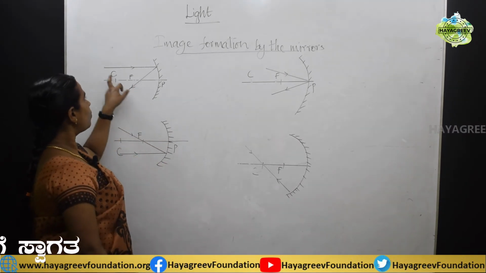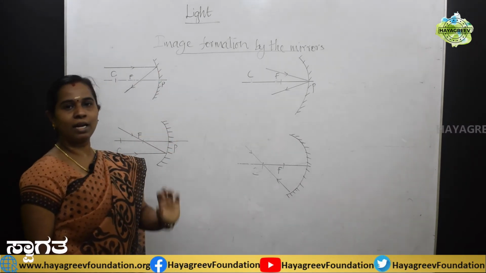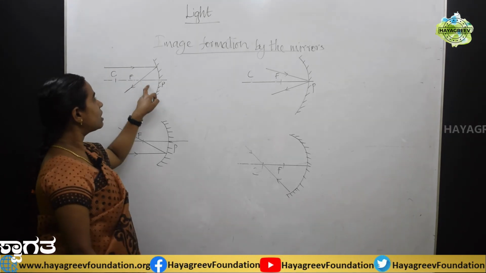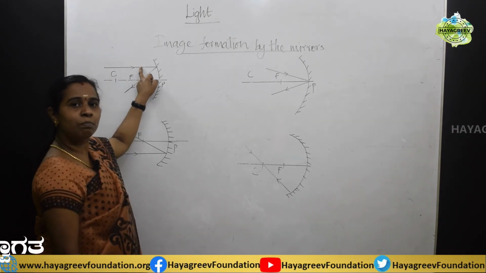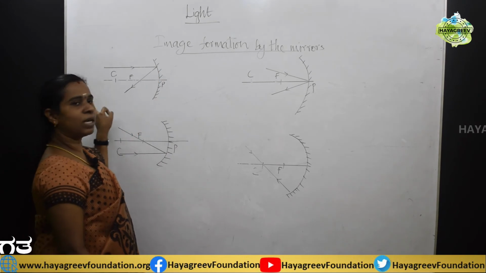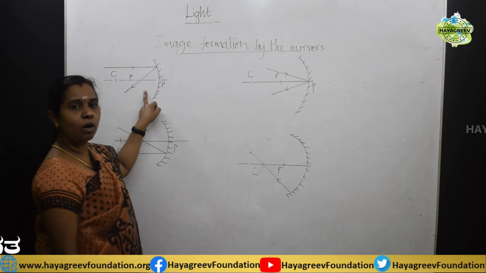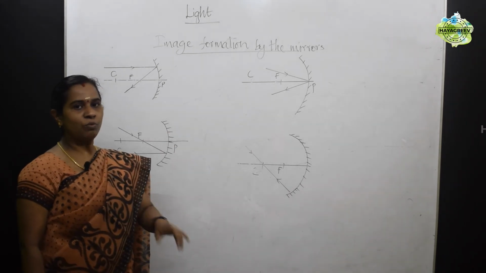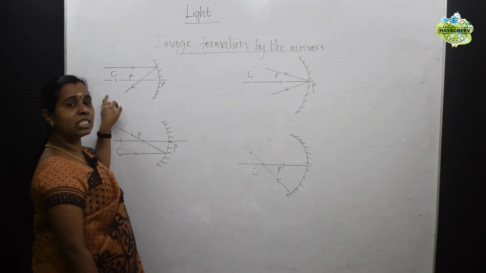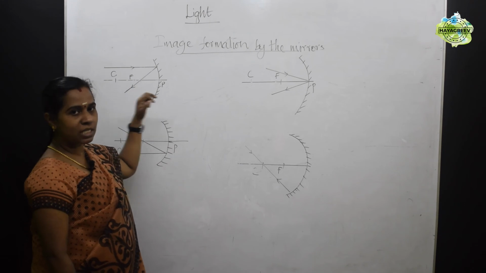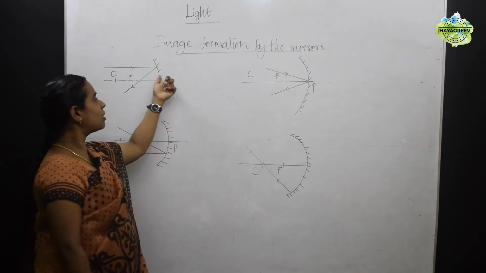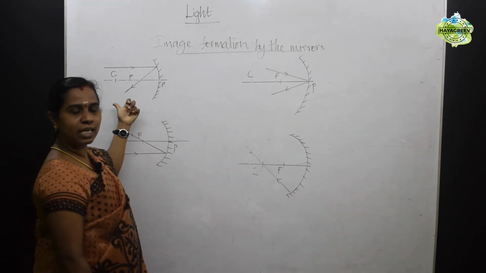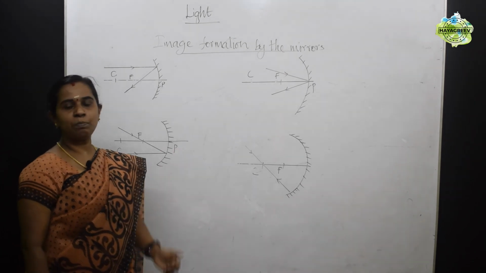Now the first ray, the parallel ray, which is parallel to the principal axis. After reflection it passes through the principal focus. This is the first rule. If the ray is parallel to the principal axis, the reflected ray passes through the principal focus.